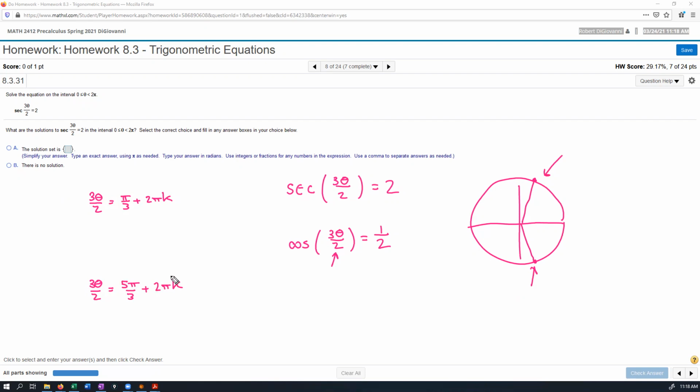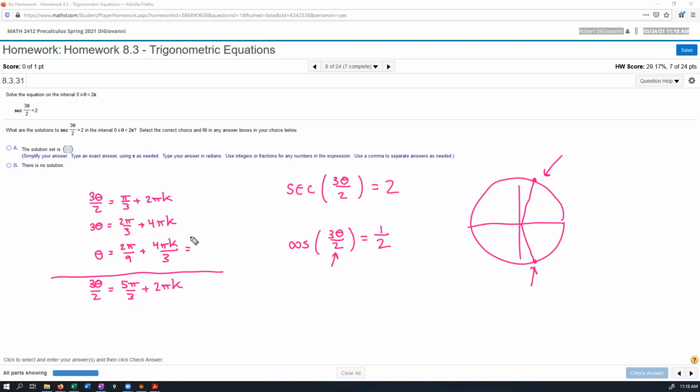All right, so I'm supposed to get a common denominator, but I'm first going to get theta by itself. So on this first one, I'm going to multiply both sides by 2. If I multiply by 2 on the first fraction, I get 2 pi over 3. And if I multiply 2 on the second fraction, I get 4 pi k. If I divide by 3 now, I'm going to get 2 pi over 9 plus 4 pi k over 3.